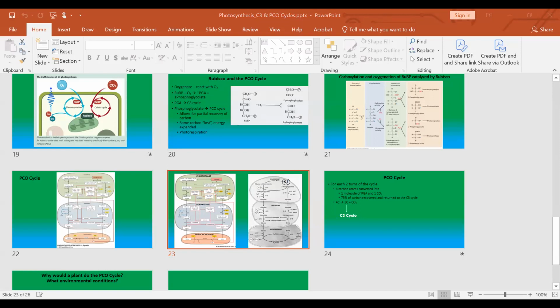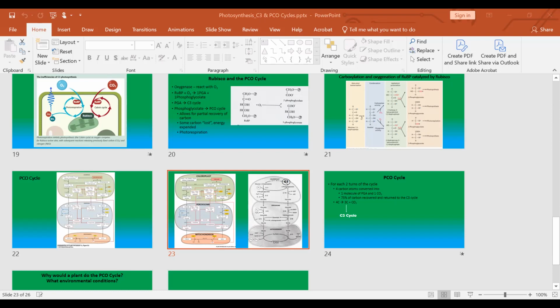C4 and CAM. So again, some plants are faced with environmental regions of the world where it might create situations where CO2 isn't coming into Rubisco's active site as much as it should. And so oxygen has the risk of getting in there too much.